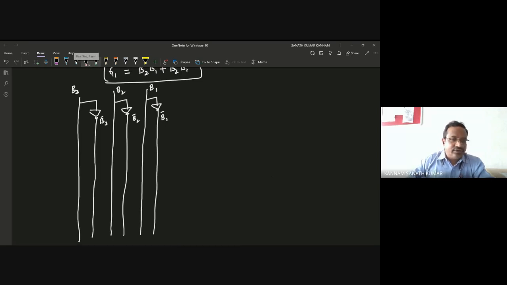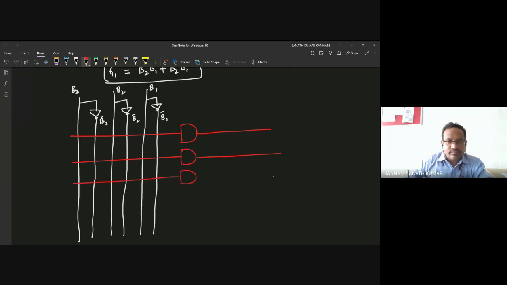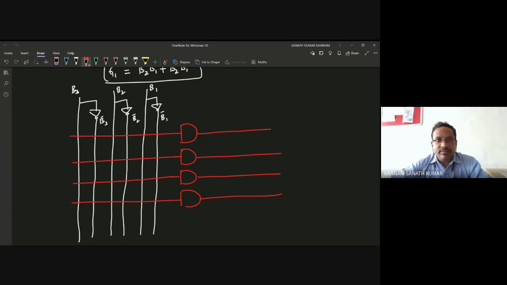So next what you need to do? Next you need to draw the AND array. So first AND array. So let us take the three inputs, I am considering only one input, and I need to make the fuse. Okay. So from here you can make a table also.